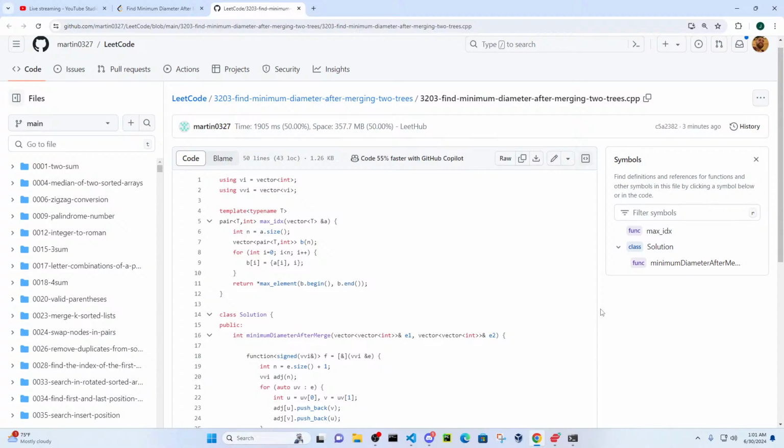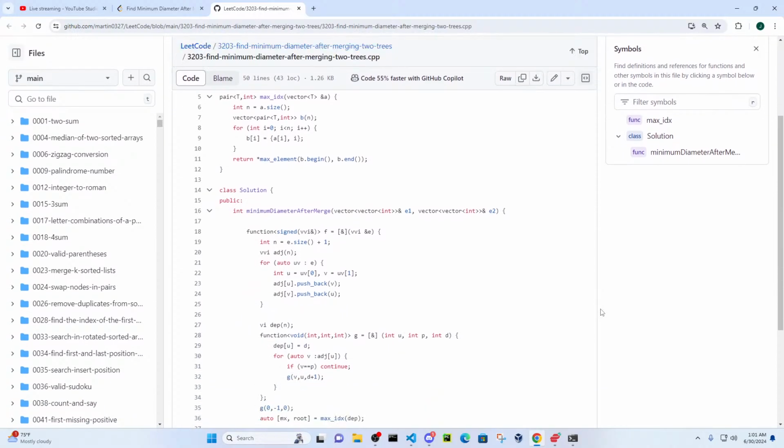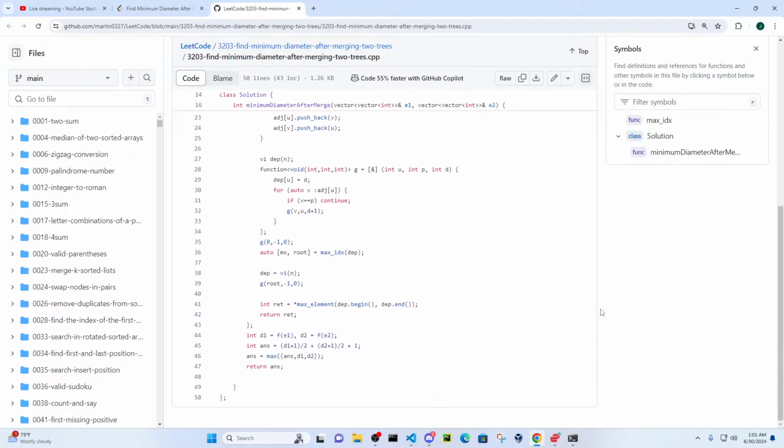So the first candidate is d1, the second candidate is d2, and your third candidate is, I mean, look at my code. I've already uploaded it. Your final candidate is (d1 plus 1) divided by 2 plus (d2 plus 1) divided by 2 plus 1. Which line is that on? The last line, line number 45. Okay.